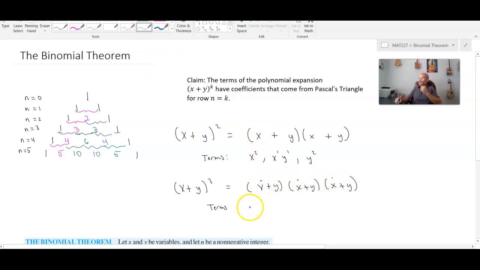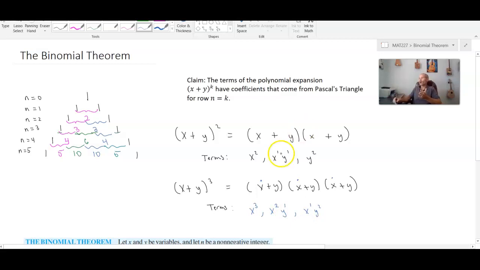And so one of the terms is going to involve x cubed. Now, it could also be the case that I get x times x times y, which would be x squared y. And there's also going to be a situation where I get x times y times y, which is x to the first, y squared.